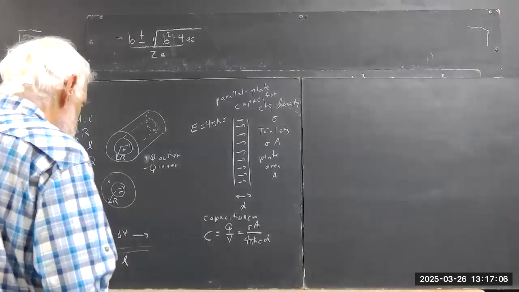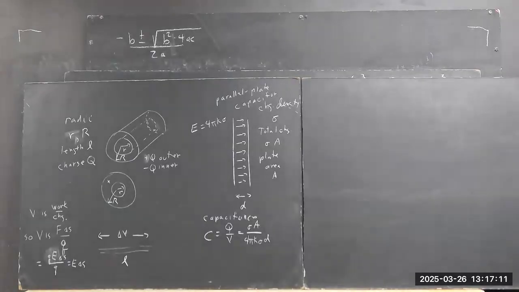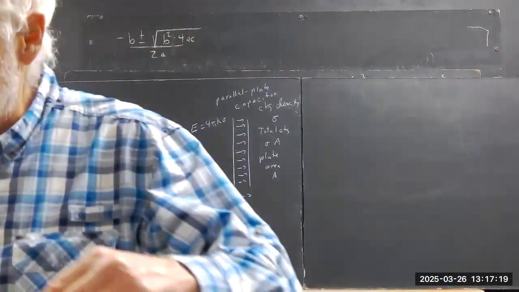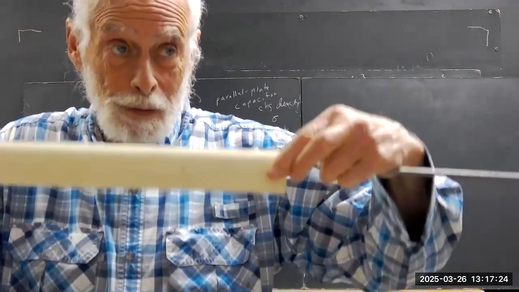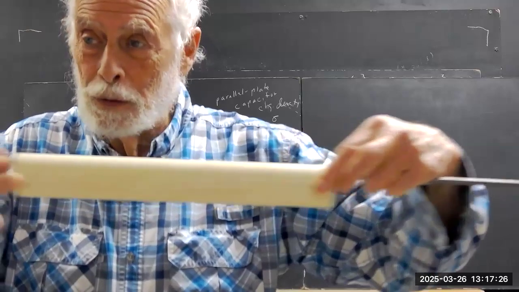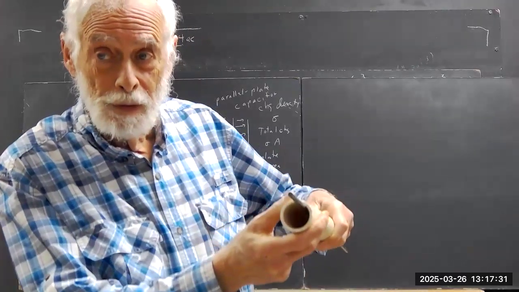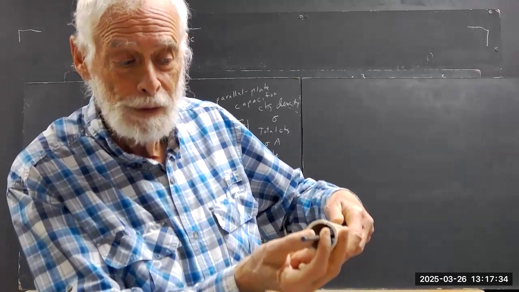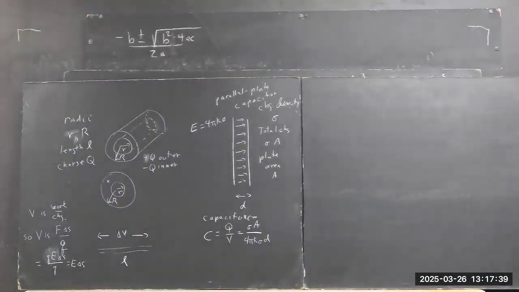Now, you would really expect you would know about the Gaussian surface that you use for a long straight wire, and you use that for any cylindrical distribution. We put the cylinder around the wire. We did this in class. The wire comes out the center of the cylinder, cylinder symmetric around the wire.